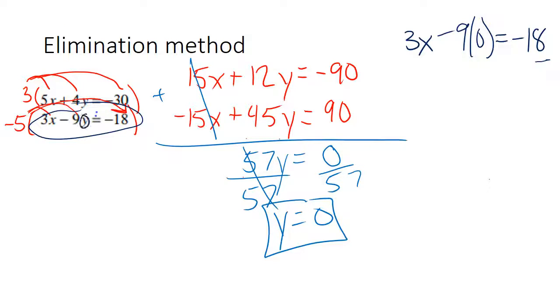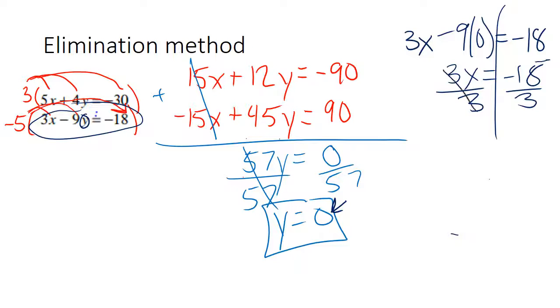So I just replaced y with 0. All right, 9 times 0 is 0, so just 3x now. 3x equals negative 18. Divide by 3, x equals negative 6.